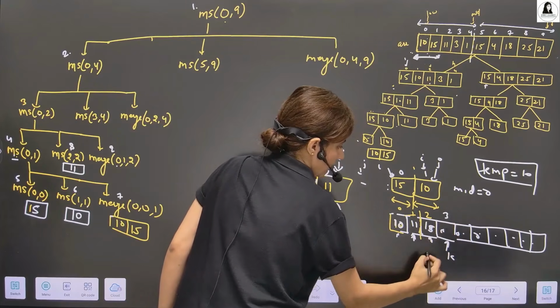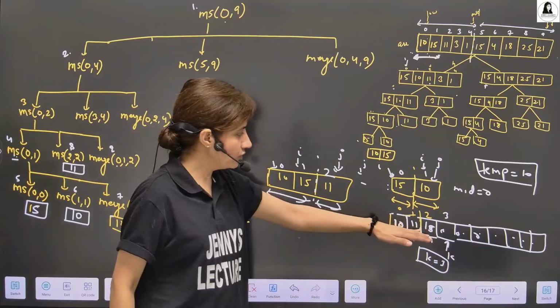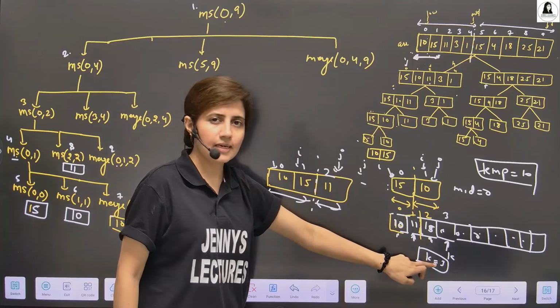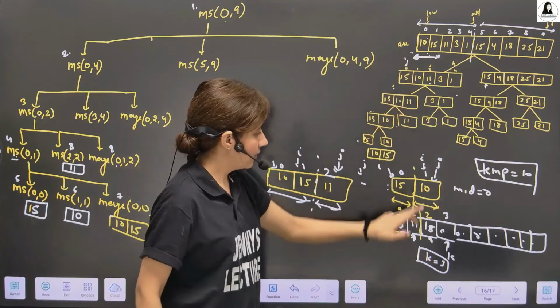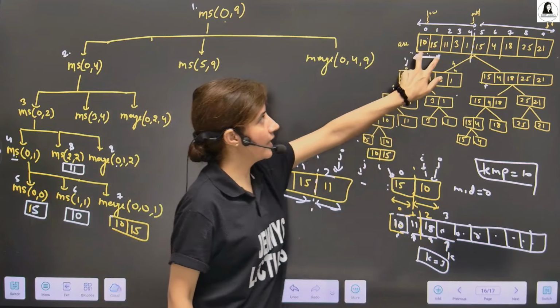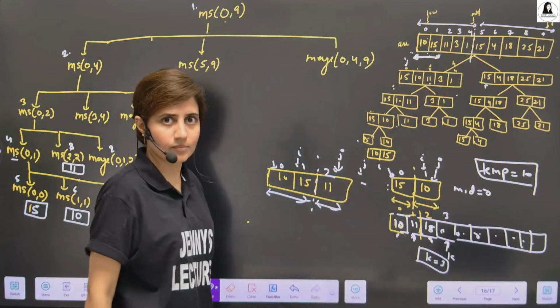k is here. Now k is 3 at this point. Now we do what? Whatever is in temp we just copy here. We start from 0 till k. Till k means only 3 elements, 0, 1, 2, only 3 elements we need to copy paste. 10, then 11, then 15. So now in this array we have here 10, here 11, here 15.